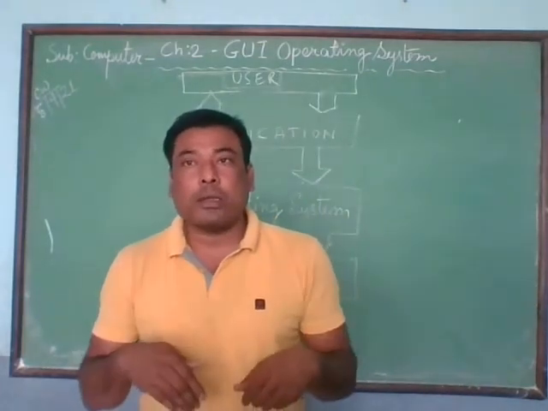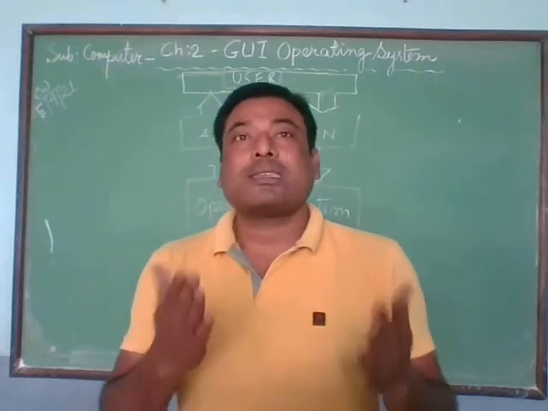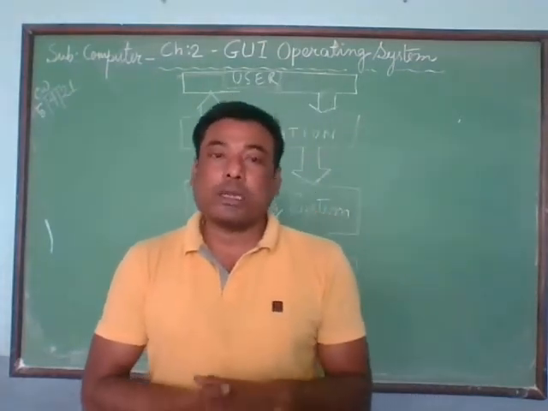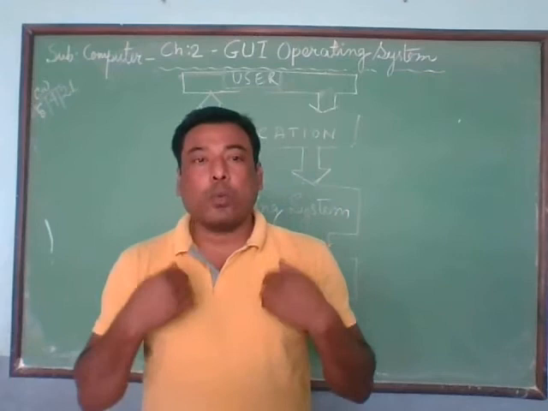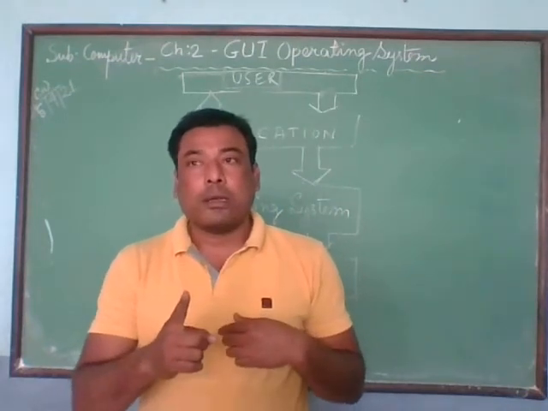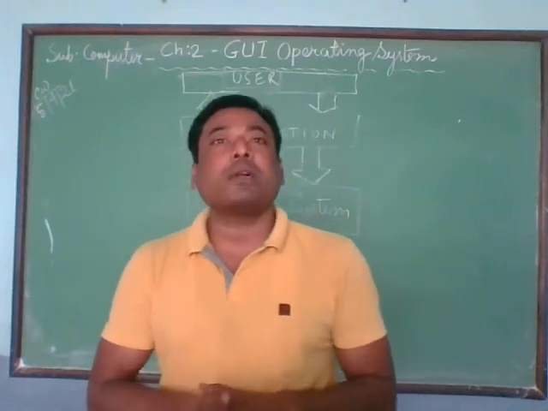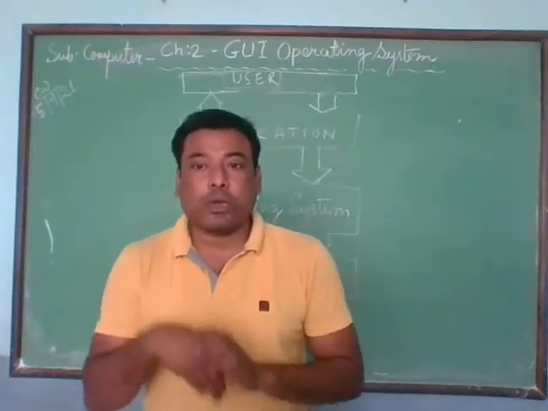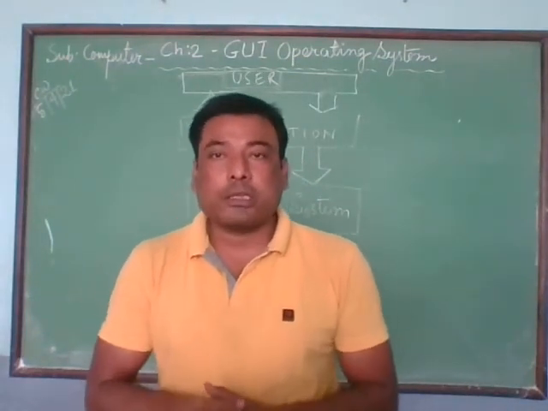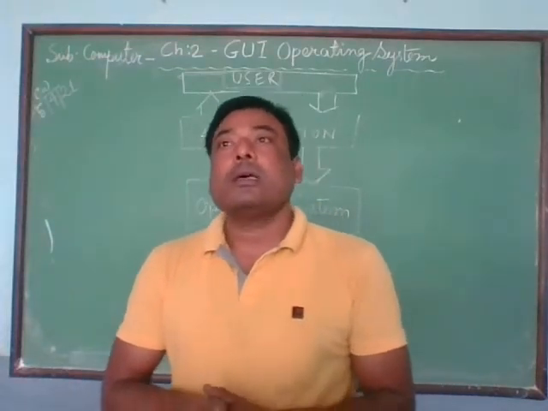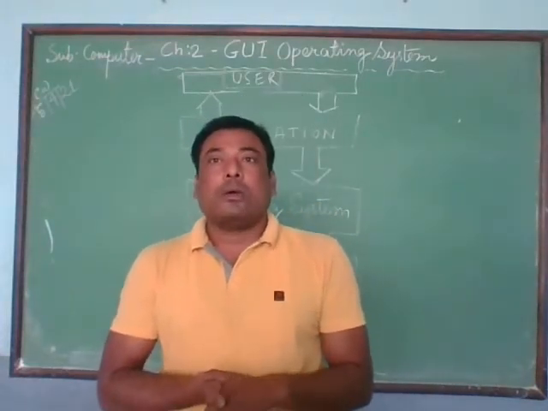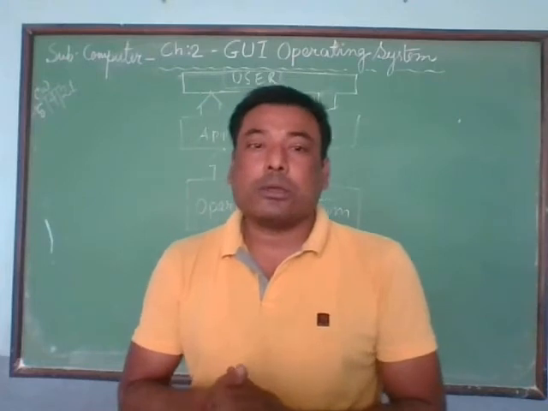But what we are using is a single user operating system. What is that? One computer, one user, one to one. That is Windows, and there are so many versions. We are using the Windows operating system. Windows versions include XP, Windows 7, and nowadays Windows 10 is going on.